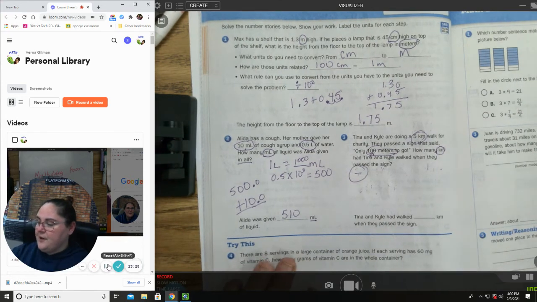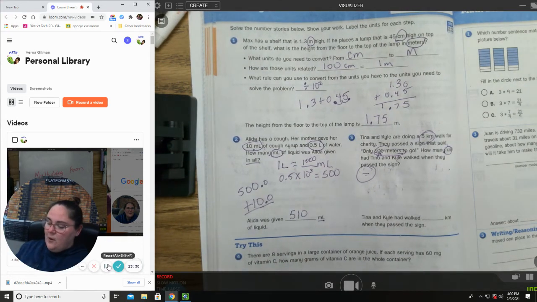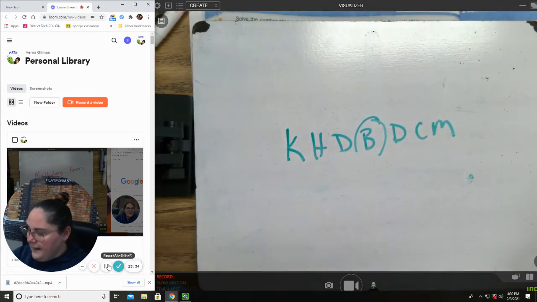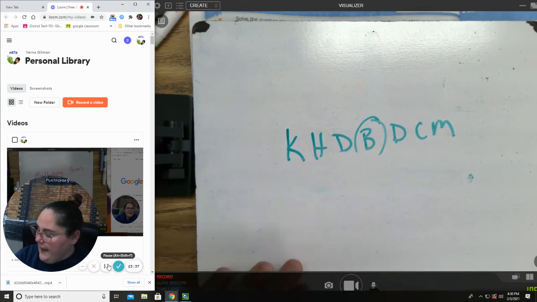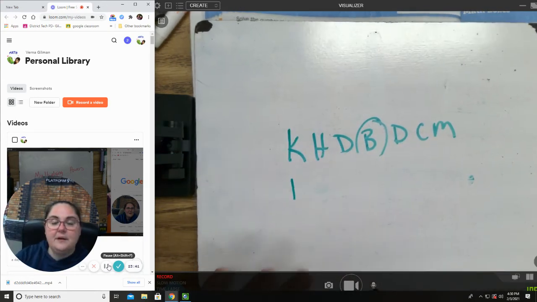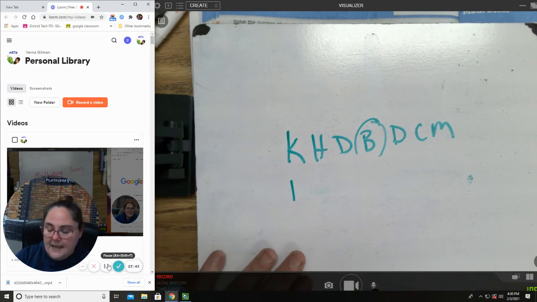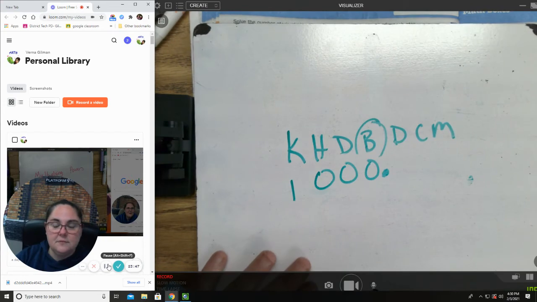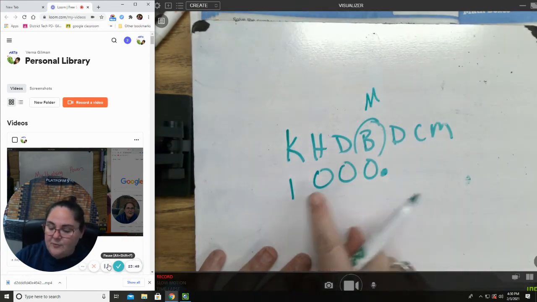Now let's find our thought process. Let's figure out what we need to do. So looking right here at my little helper chart, I know that 1 kilometer is the same thing as 1,000 meters. Because again, this would be meters, so I have to move my decimal to meters.